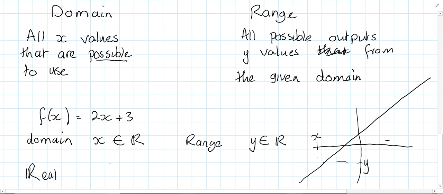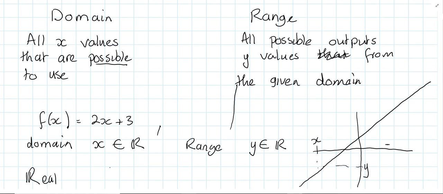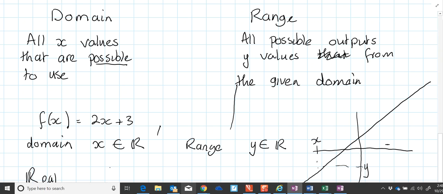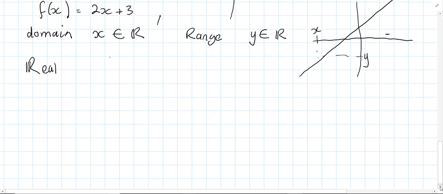Now maybe this will help explain it a bit better. What if I asked you to consider a different function, one of the other ones we were looking at: g of x equals x squared plus 2?